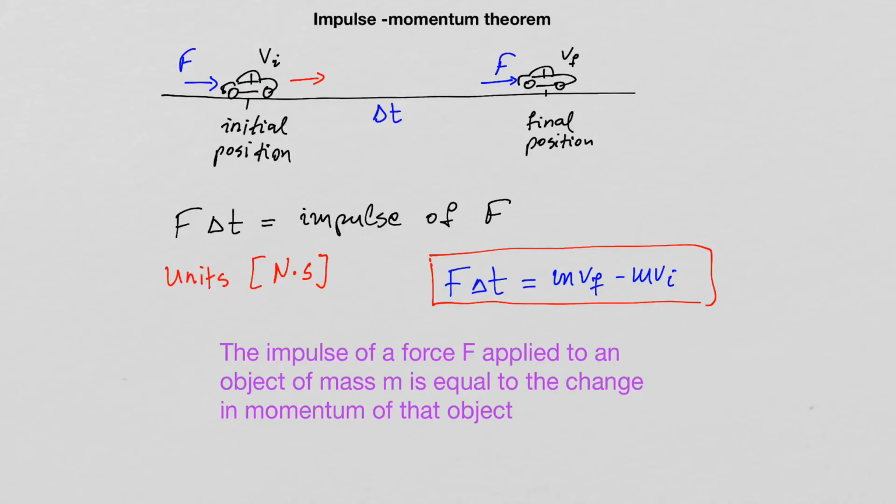And so the impulse momentum theorem reads that the impulse of a force F applied to an object of mass m is equal to the change in momentum of that object, delta p.